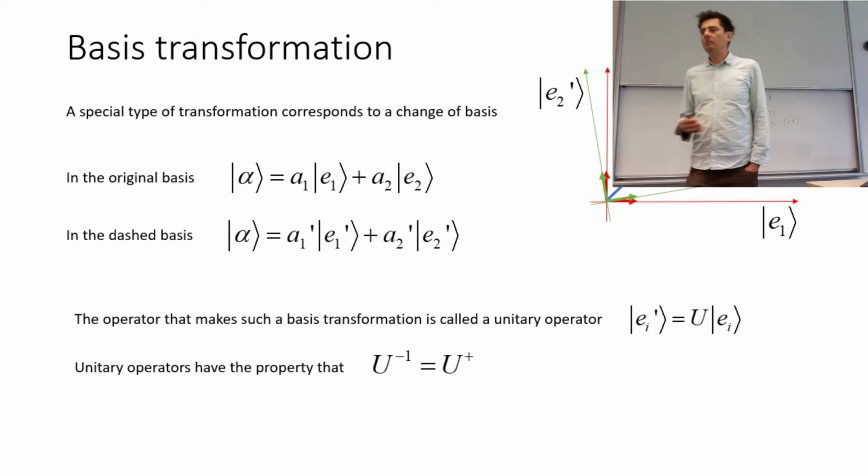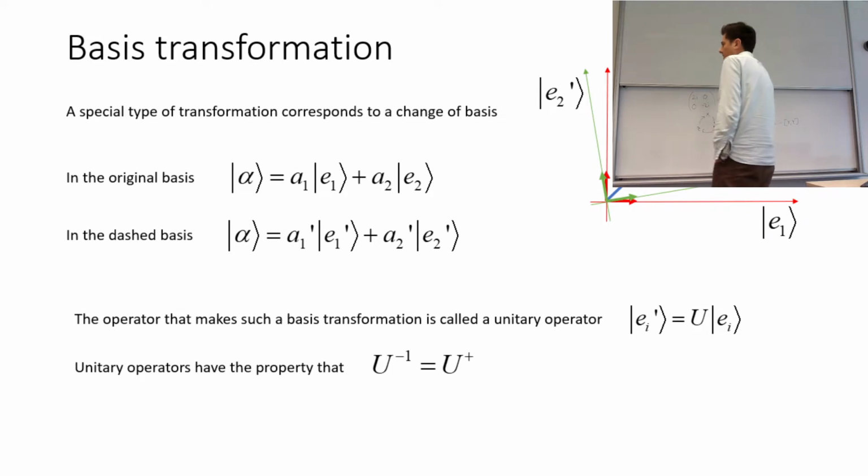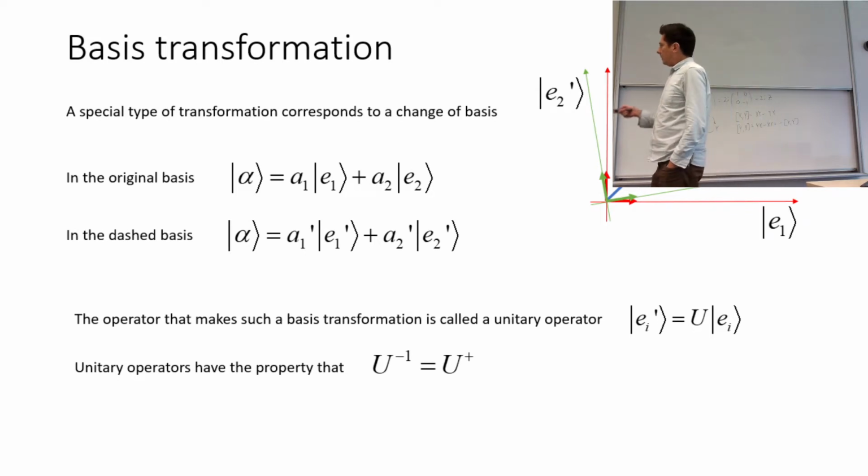They're equally valid. So if you use a different coordinate system, then you will, in general, get different coefficients, right? Obviously, in the green coordinate system, the vector looks a bit different to the red coordinate system. The angle to the green is different to the angle to the red. So these coordinates A1, A2, A1 dash, A2 dash are different, generally.